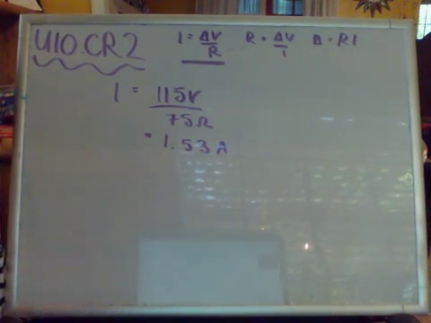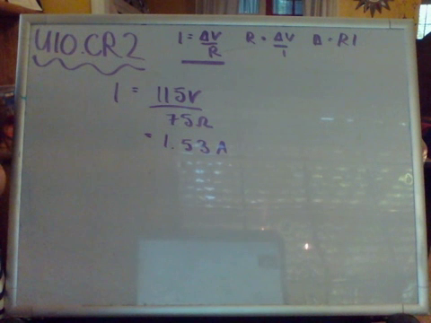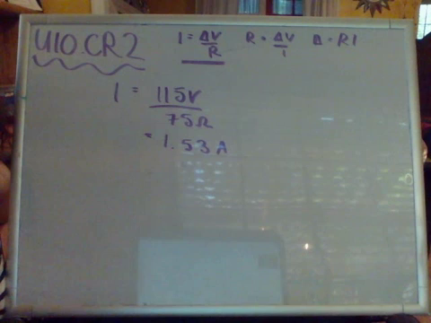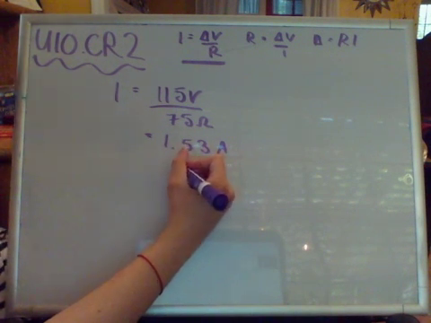And it says, what will the current be if the resistor is replaced with a 47 ohm resistor? So that means that we're going to be replacing the 75. So instead of 75, it's going to be 47.